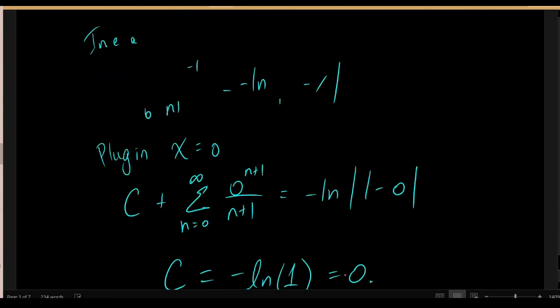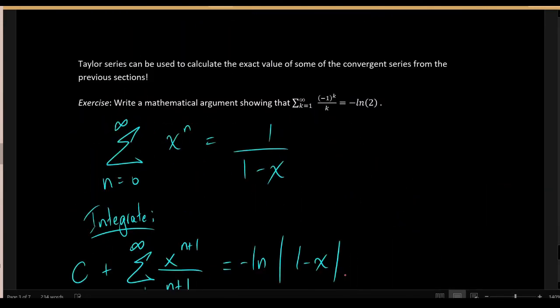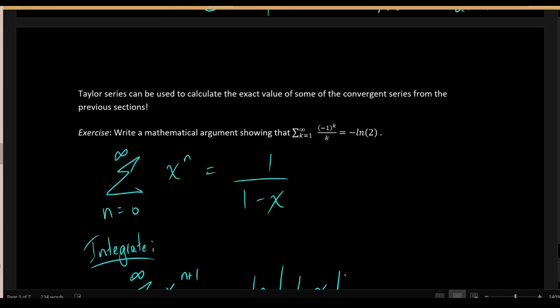To summarize what we did today, we talked about the Taylor series representation for a function. We gave the formula for the Taylor series representation in terms of the derivative, and we practiced using that formula to find the series representing e to the x, cosine, sine of x, and 1 over 1 minus x.